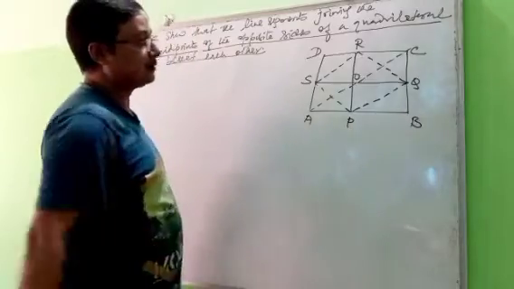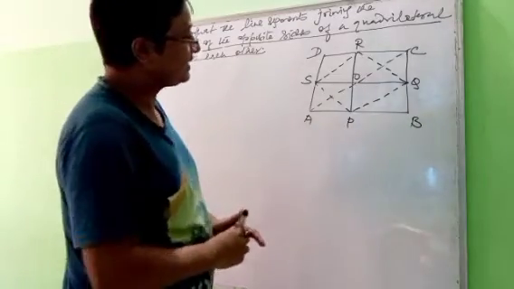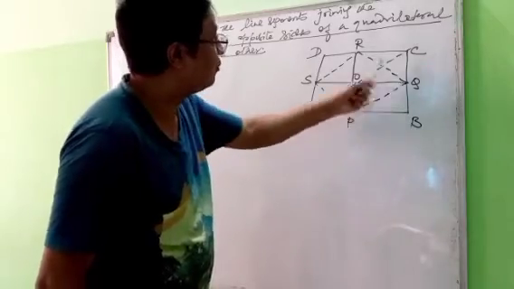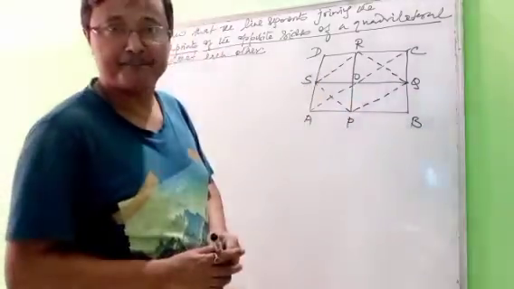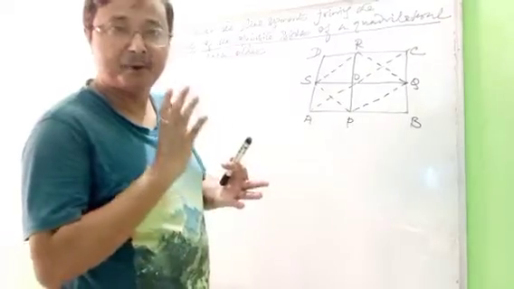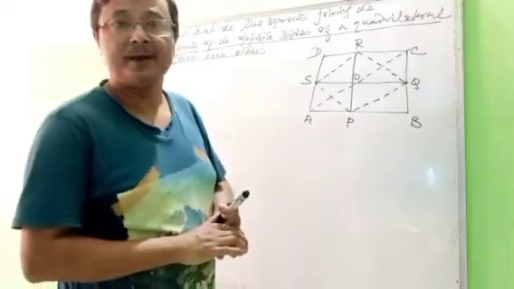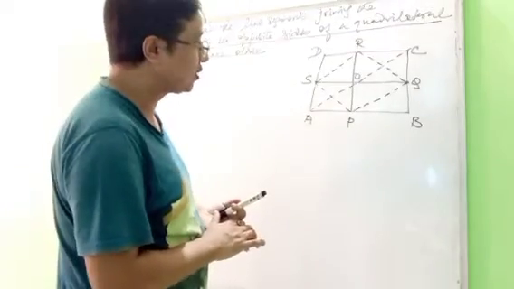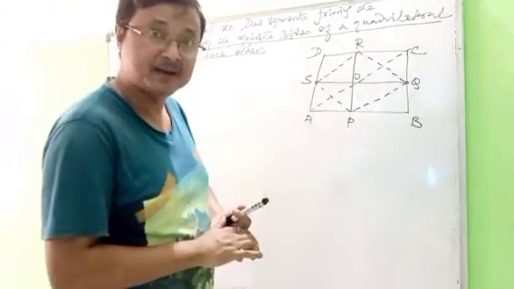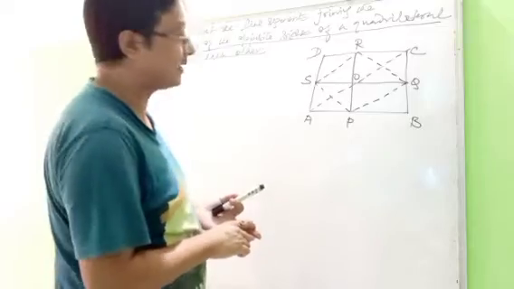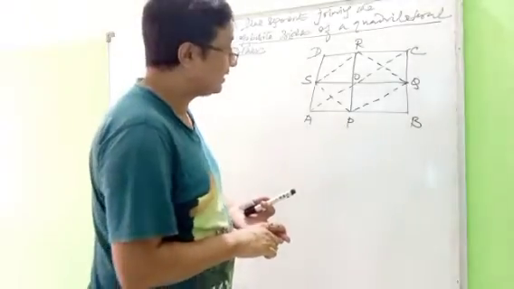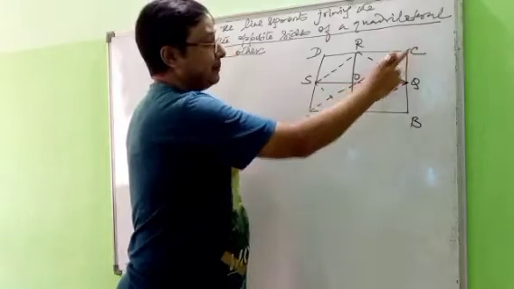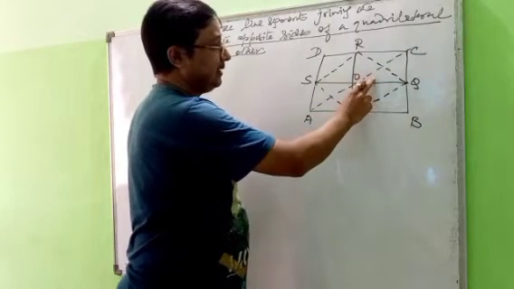So the first condition is that you will make the quadrilateral PQRS a parallelogram. How? By using the midpoint theorem, which states that the line segment joining the midpoints of two sides of a triangle will be parallel to the third side and is half of it. That is why here PQ is parallel to AC, PQ is half of AC.